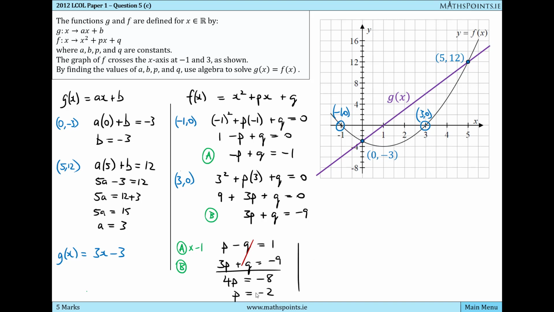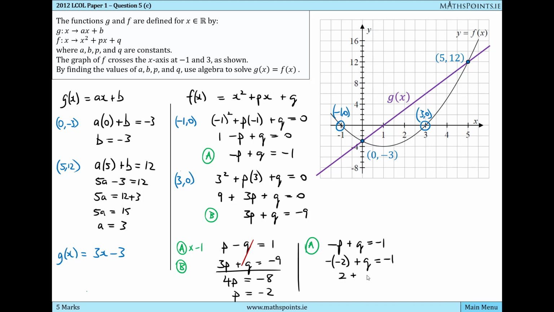Subbing p equals minus 2 back into either equation A or B will yield a value for q. So we'll sub it back into A, and we get minus p plus q equals minus 1. So p is minus 2, so it's minus 2 plus q equals minus 1.